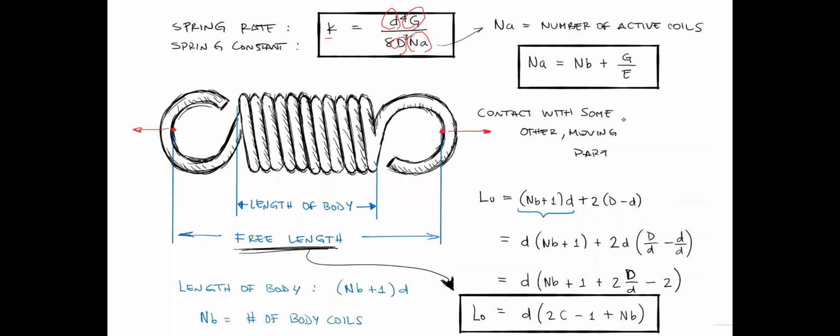And there's a relation between the active coils and the body coils. If the material is isotropic, the number of active coils equals the number of body coils plus the shear modulus divided by the Young's modulus.